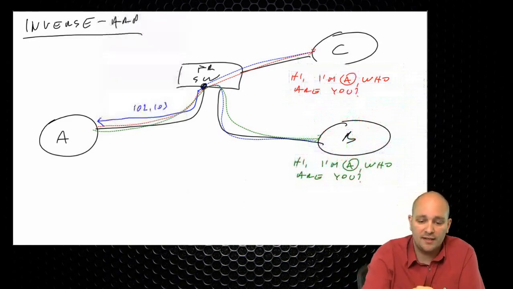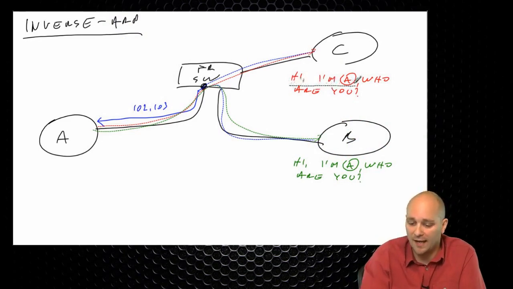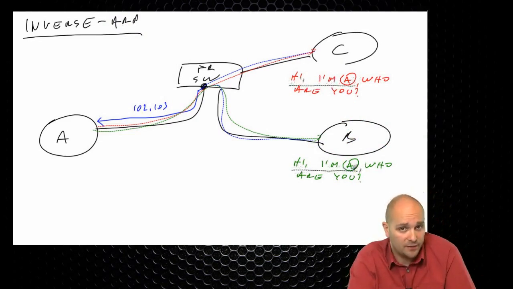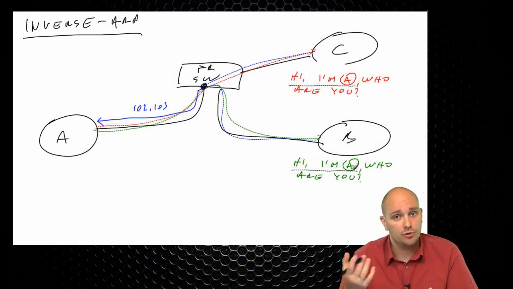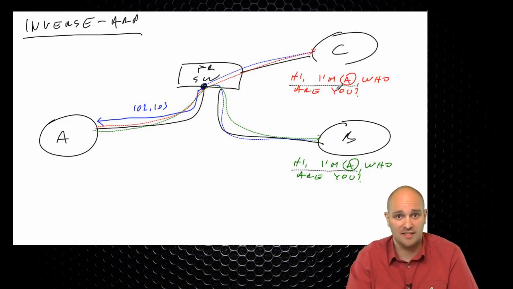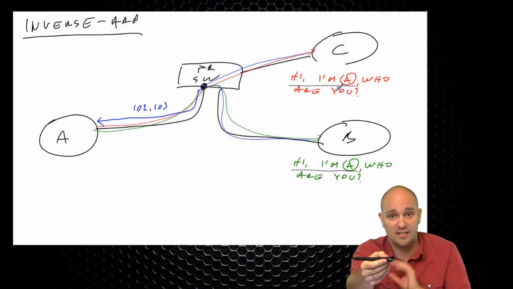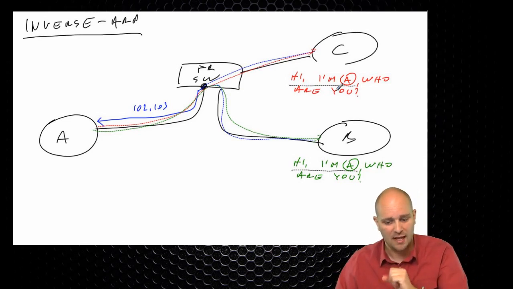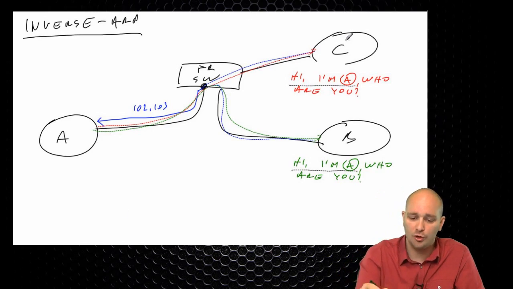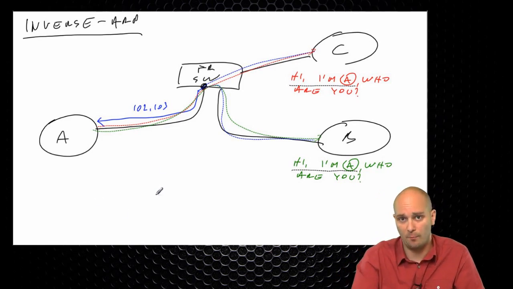Now, one thing that I want you to take a look at is this part. Hi, I'm A. Inverse ARP is a very polite protocol. It is always going to introduce itself. Now, this hi, I'm A is actually a message: hello, this is my IP address. What is your IP address? Now, being a polite protocol, you are always going to get a response from inverse ARP.